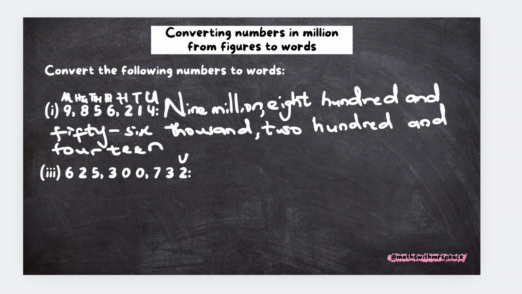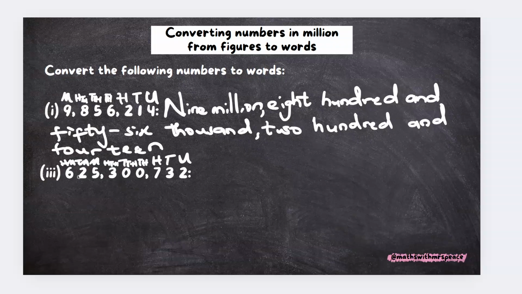So we have units, tens, hundreds, thousands, 10,000, 100,000, million, 10 million, and 100 million. So we're going to write this in words.